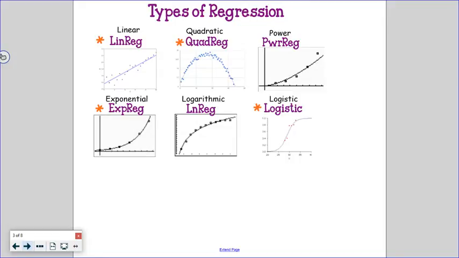The stars don't really mean anything. In fact, this star should probably be down on logarithmic. It's kind of the ones we use most often, but it's really not going to impact anything.